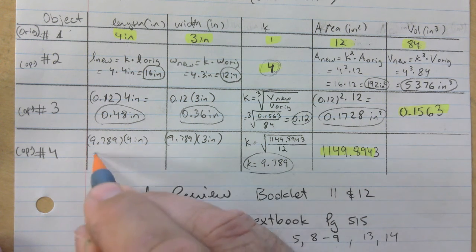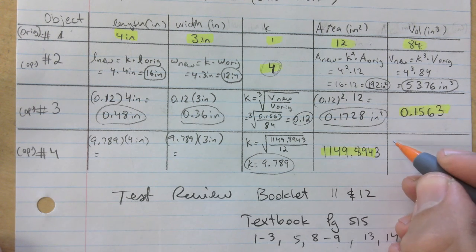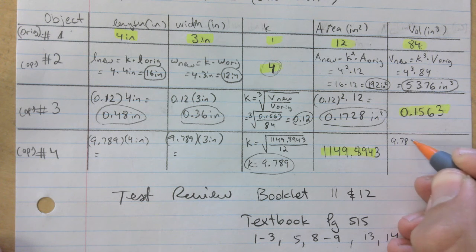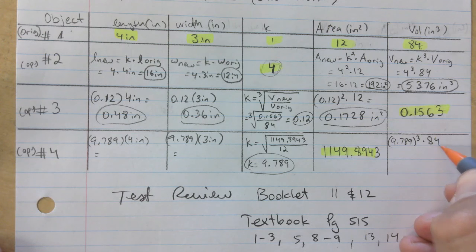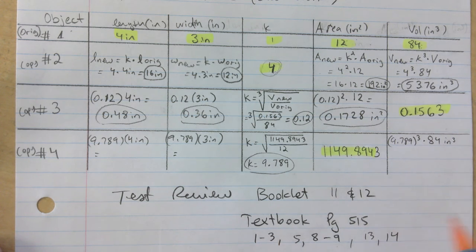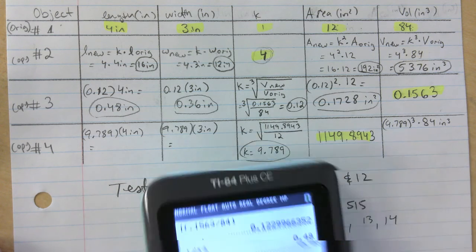So we'll get an answer here and here, and then we have to take the 9.789, cube it and multiply it by the original. And that's cubic inches. So in that sense, we'll get all of our answers.